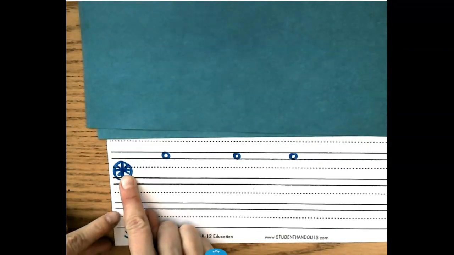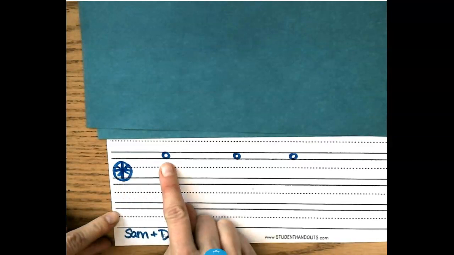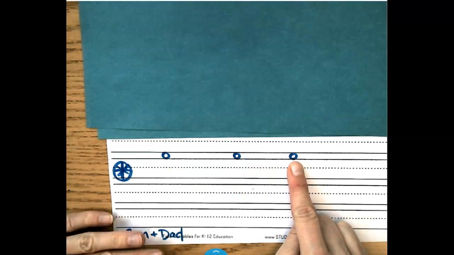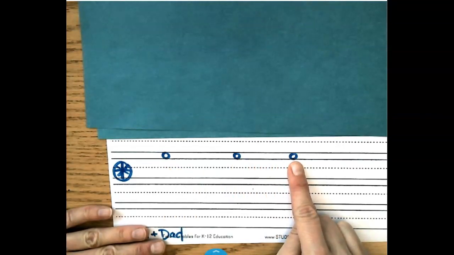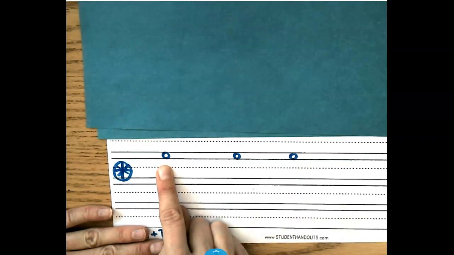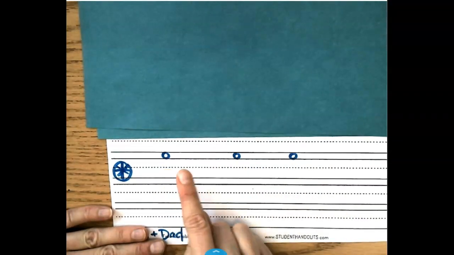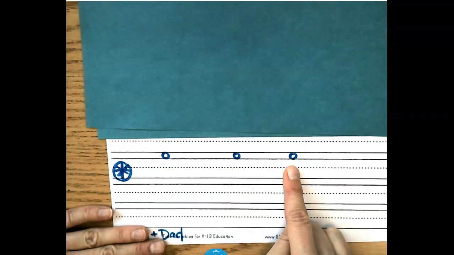Go down to the second star on your page where you see 1, 2, 3 circles. We have 3 words in the sentence. The sentence is, that was his. That was his. Say it with me. That was his.